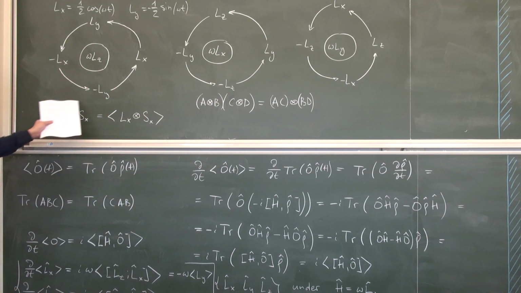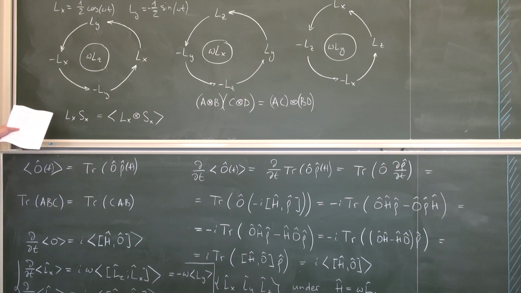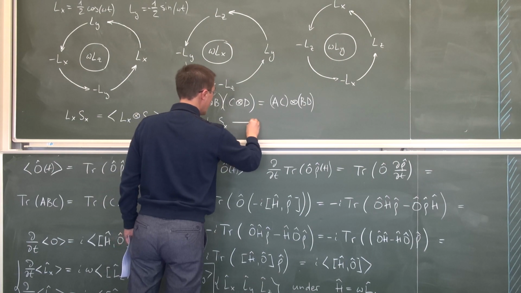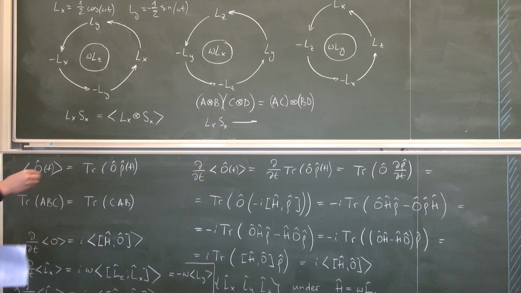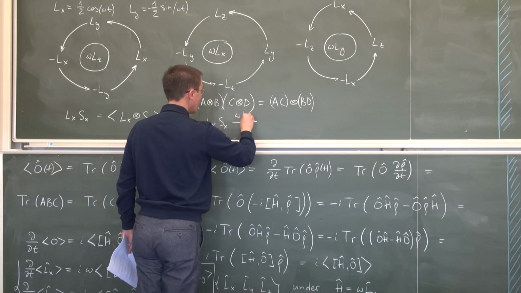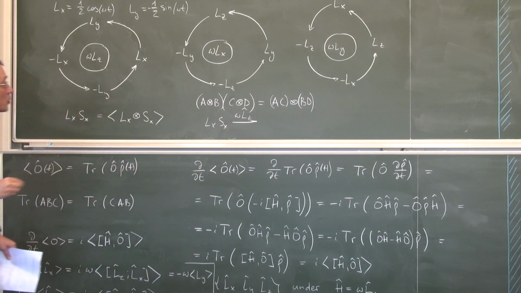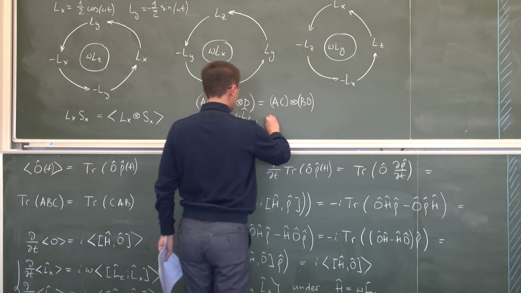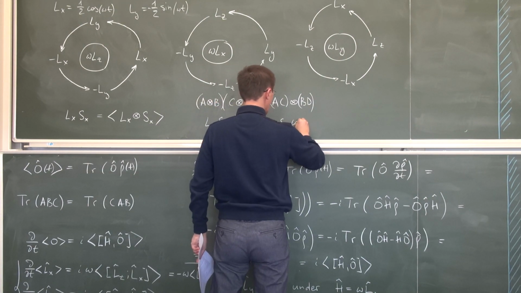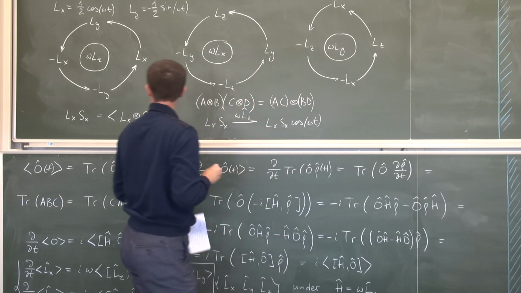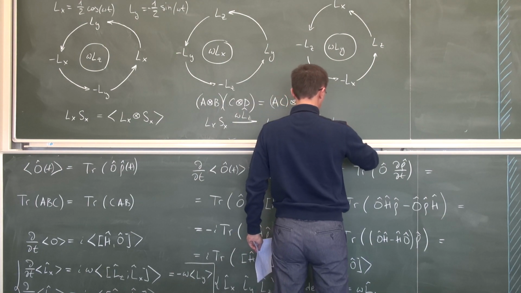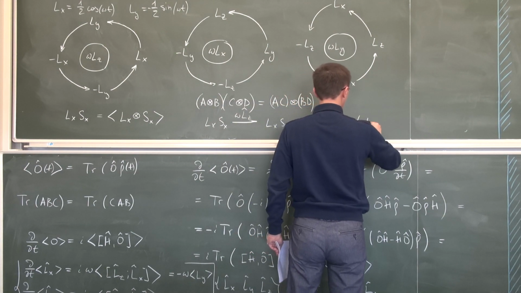And so under all of these dynamics, let's say we have Lx Sx, and we are acting on it with only the L operator, so for example Lz, then what is going to happen is, if we look at this diagram, Lx is here, so we have Lx Sx cosine omega t, and then we have plus Ly Sx sine omega t.